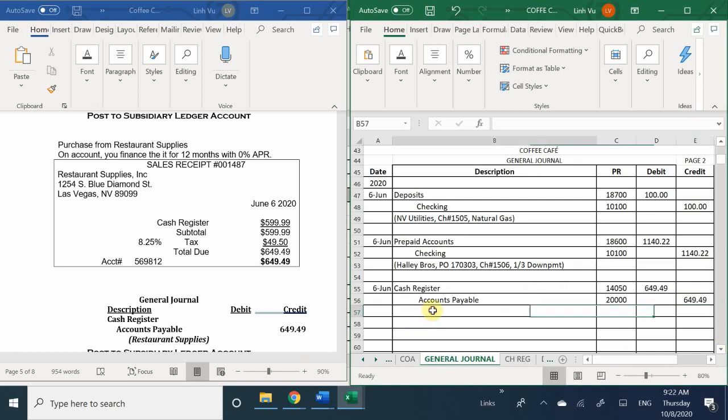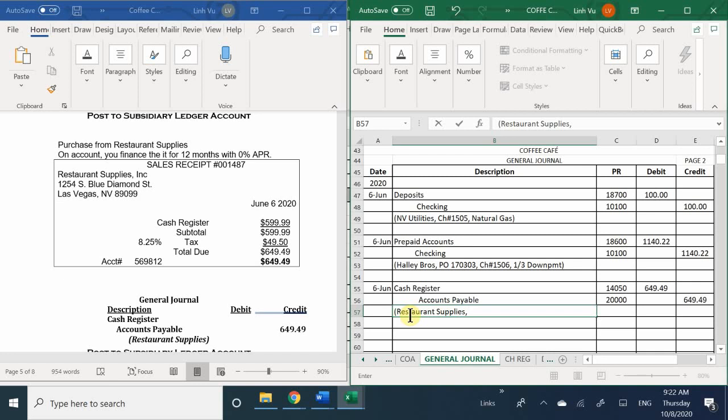Now that I have this, I'm going to also indicate here who my vendor was, which was Restaurant Supplies. Right? And because I have an account number with them and I made an accounts payable with them, go ahead and add that piece of information because it's going to be relevant to you in the future.